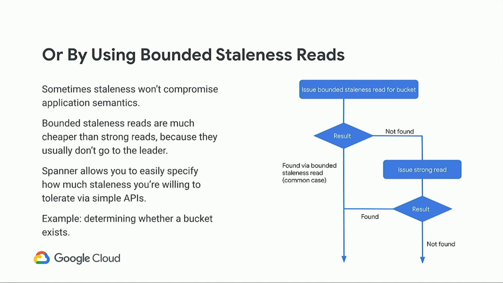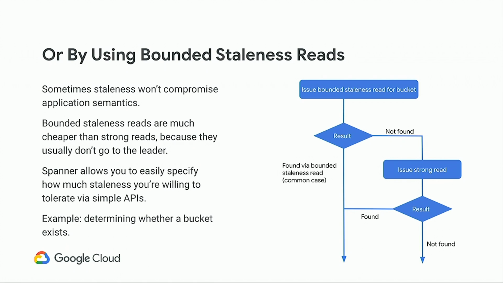And so even if you just have a small staleness bound in your query, it will almost always not have to go to the leader. It can go to any replica. And what's nice about Spanner's API is that you can easily specify how much staleness you're willing to tolerate, and Spanner will provide a strong guarantee that the staleness bound that you provide is adhered to strictly.